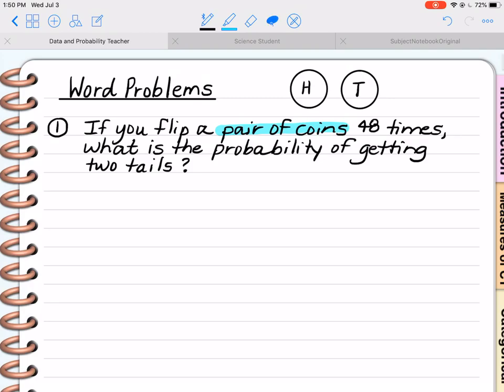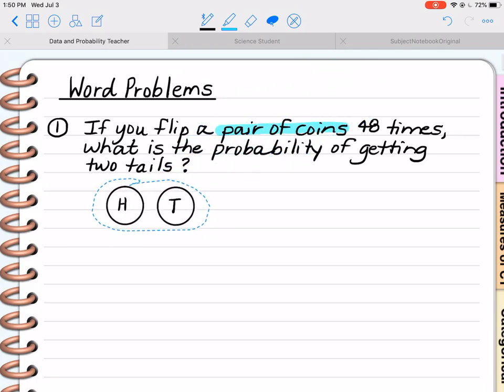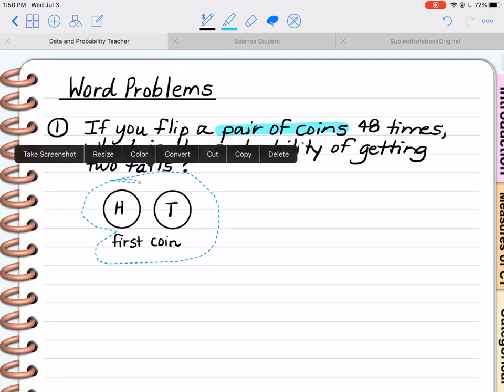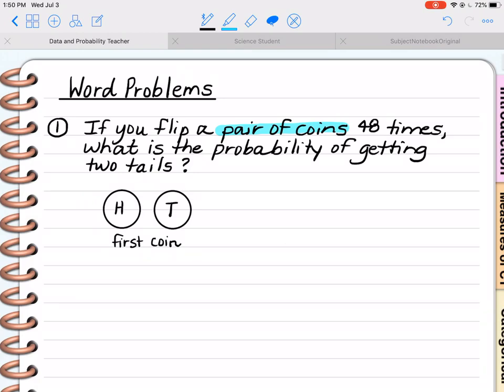And I'll tell you what, let me just do that, because a picture's worth 1,000 words, guys. So here's the first coin. Oops. I do need a marker. And then here's the second. Let me just do this, and I'll bet you I'm going to lose that S on there. So let's try again.